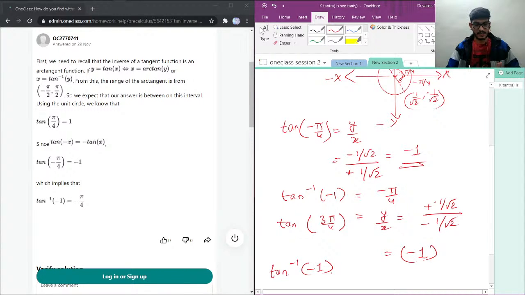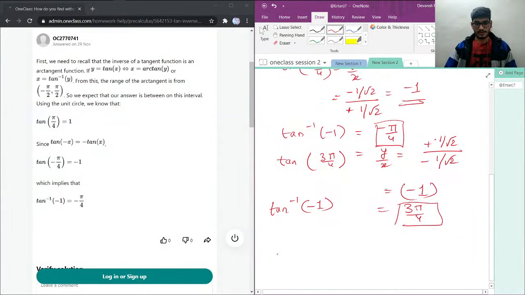So this also gives us negative 1, which states that tangent inverse of negative 1 can also be 3 pi by 4. One solution was this, and one solution was this.